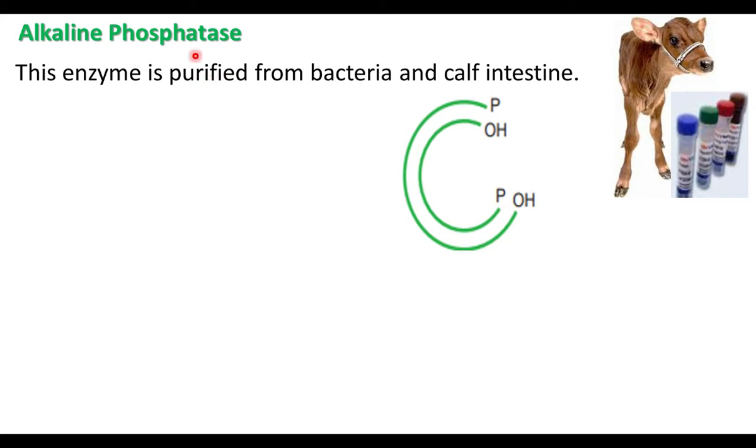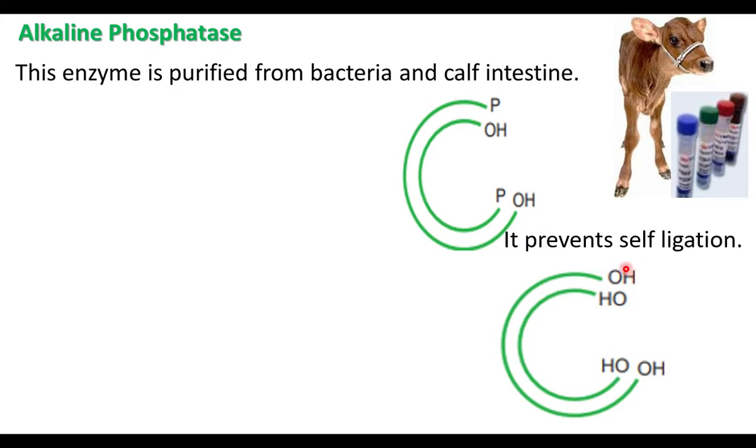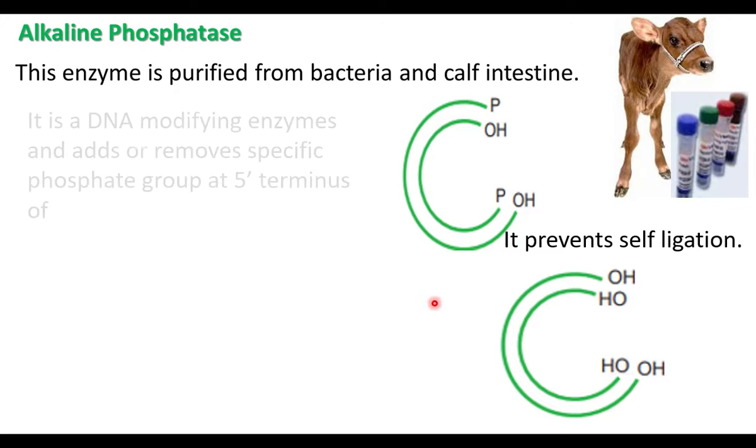The alkaline phosphatase enzyme prevents self-ligation by the removal of the phosphate group. Phosphate group is removed, so self-ligation is prevented. But what is possible? A foreign DNA can join in this area.